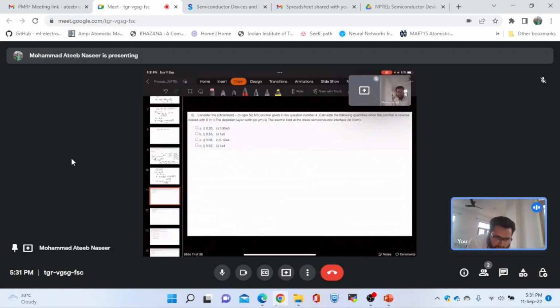Let us solve this problem by taking the help of the previous values that we got. The built-in potential for this n-type was 0.3 volts, and the applied bias is 5 volts.